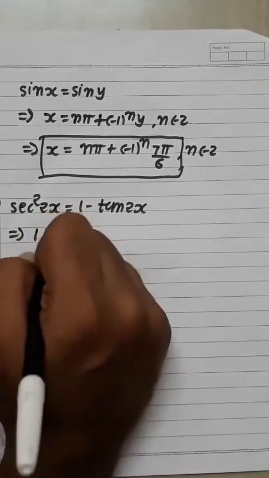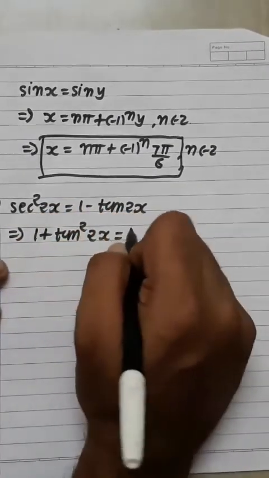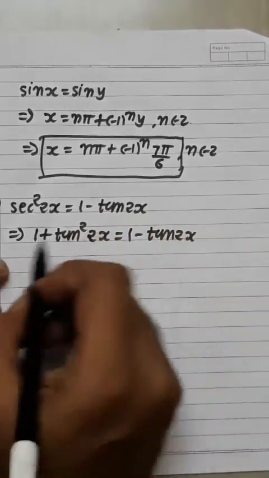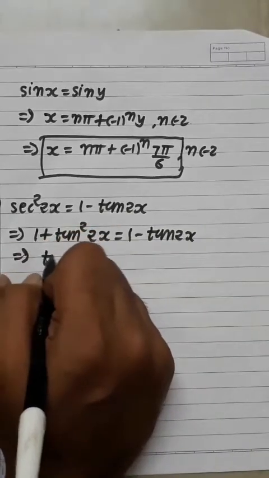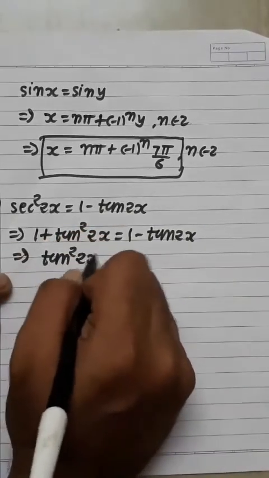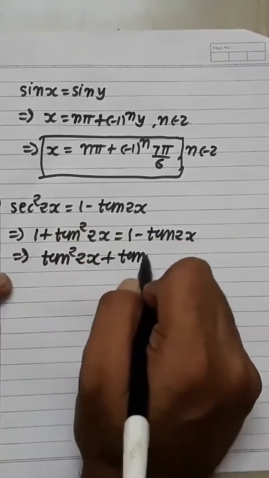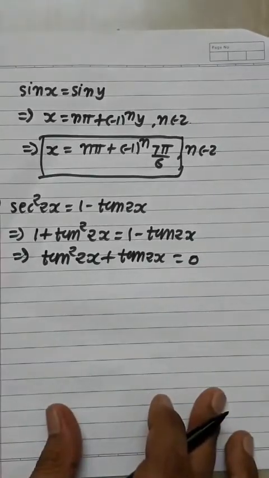So our first step: 1 plus tan square 2x is equal to 1 minus tan 2x. Now 1 cancels out on both sides. So the remaining term is tan square 2x. Now write the minus sign on the opposite side and change the sign. So plus tan 2x is equal to 0.